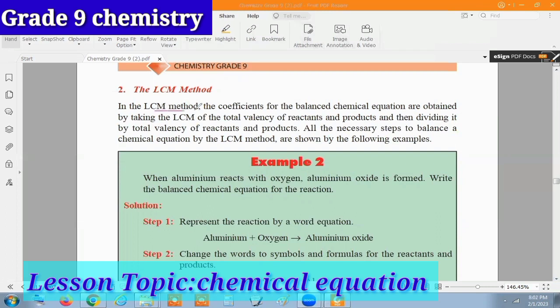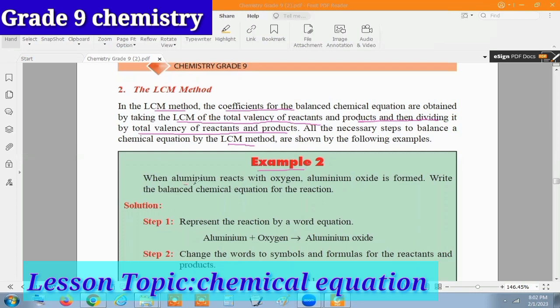In the LCM method, the coefficients for the balanced chemical equation are obtained by taking the LCM of the total valency of the reactants and the products, and then dividing it by the total valency of the reactants and the products. All the necessary steps for balancing a chemical equation by the LCM method are shown in the following examples. Let us take example 2 using the LCM method.